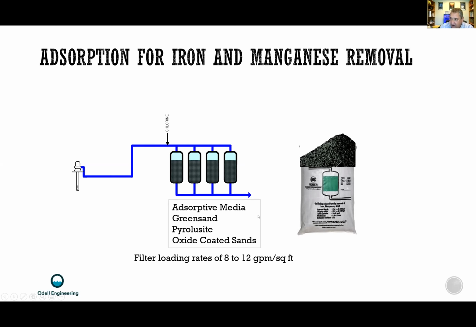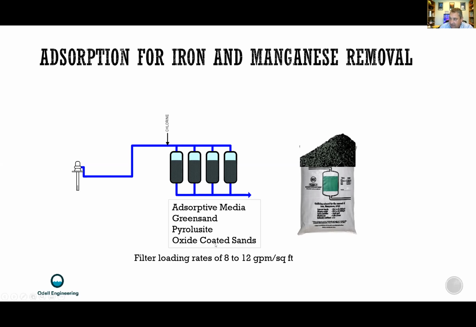Now, this really only works for iron if it's less than maybe 1 to 3 milligrams per liter. If you get above 3 milligrams per liter, you have to lower the filter loading rates, because even with 10 seconds of chlorine contact time, the iron will start to precipitate very quickly.